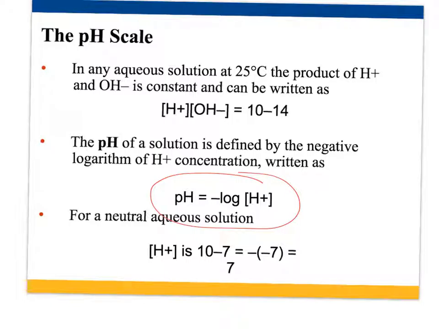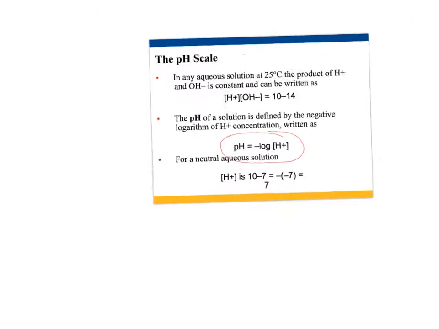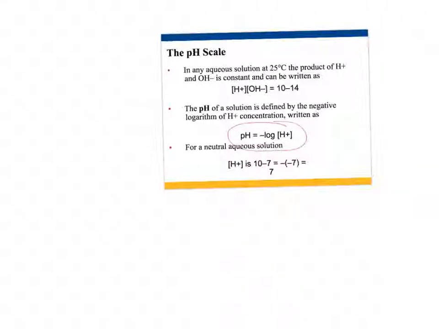So in other words, it takes what you're doing and gives you a number scale based upon how many ions are there. So when you go from 0, your scale is 0, 7 is neutral, 14 is basic.